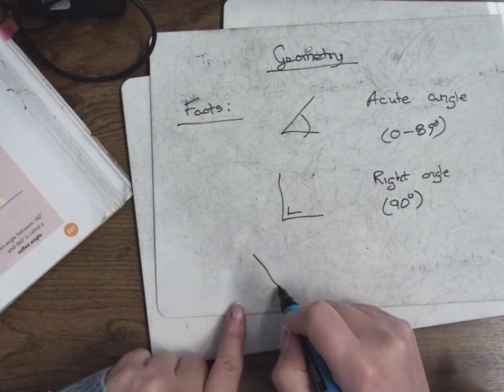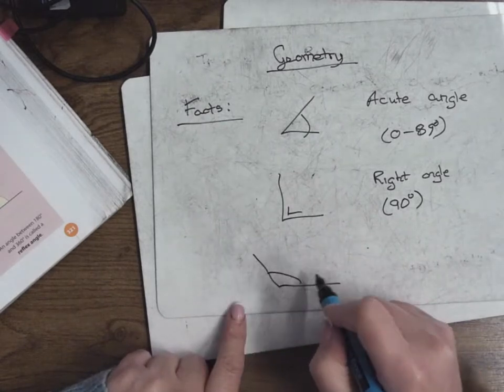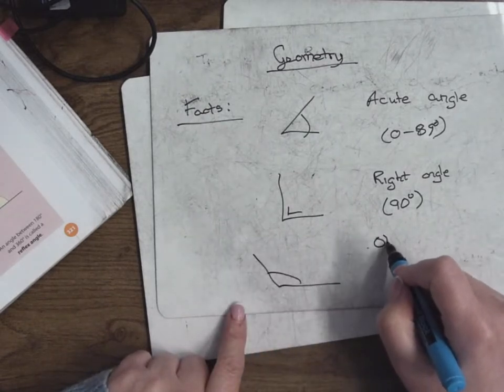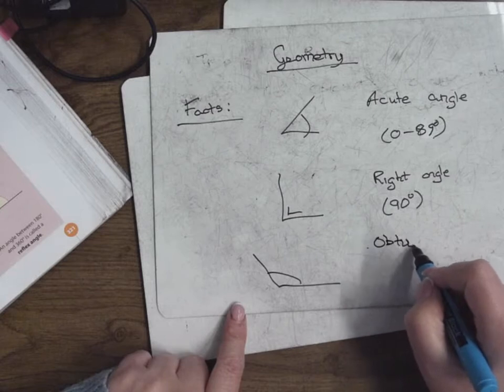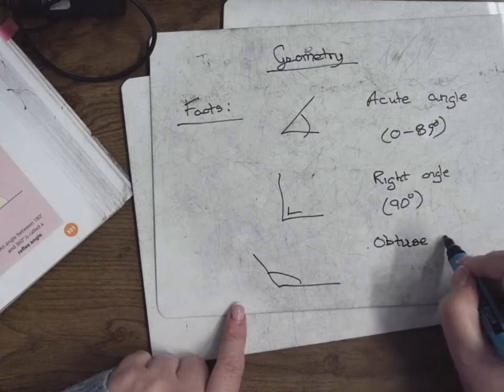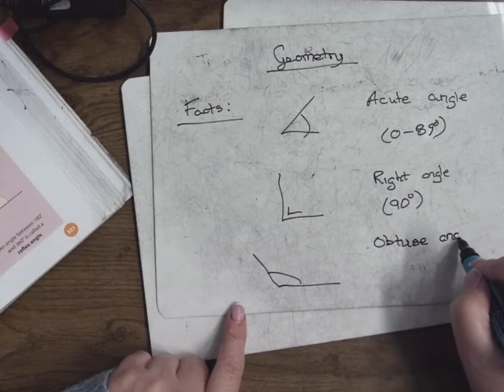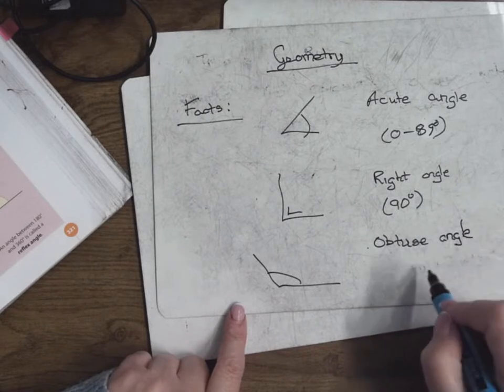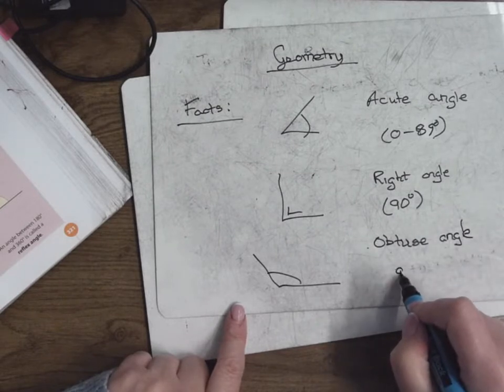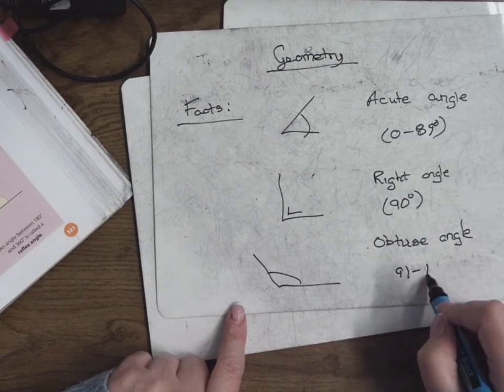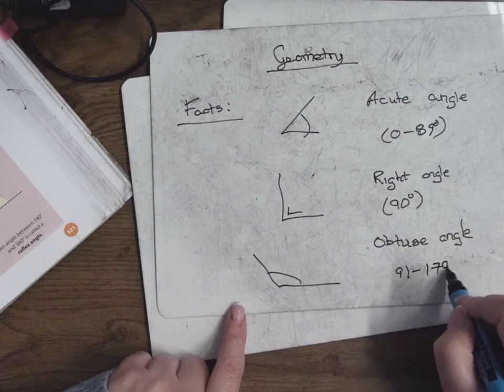Then an obtuse angle. These are all words you've heard before. An obtuse angle is between 91 and 179.